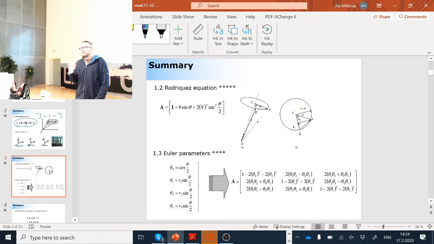Now, there are other methods than Euler angles that are based on 3 parameters. Again, it doesn't matter which one you select, you always have some sort of numerical difficulty. The way to get rid of the numerical difficulty is by adding a 4th parameter. And now this is extremely important to understand.